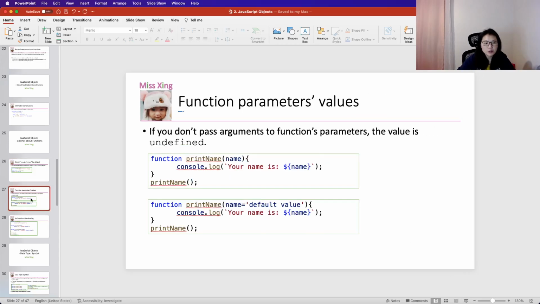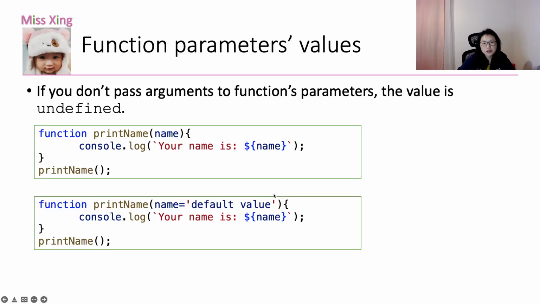Okay, next one is function parameter values. This one I'm talking about in printName. For the first example, printName has one parameter, which is name. Now when we call printName, we didn't pass any values, which are arguments.